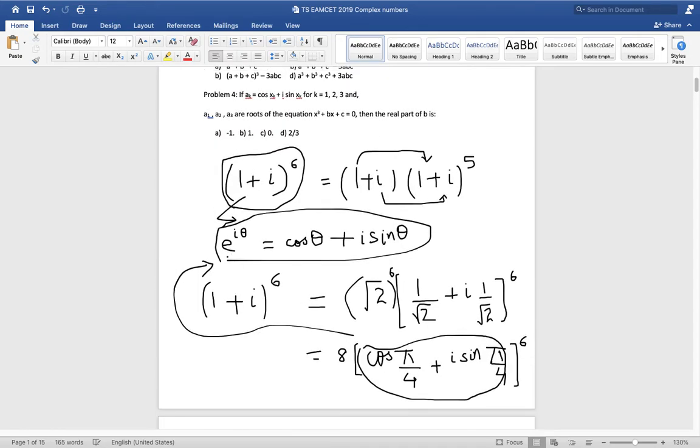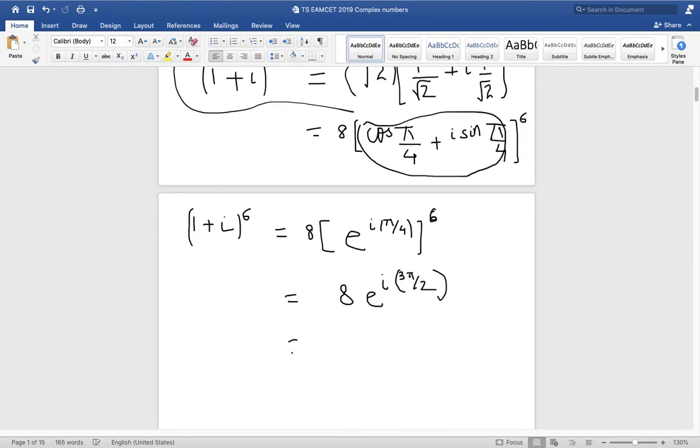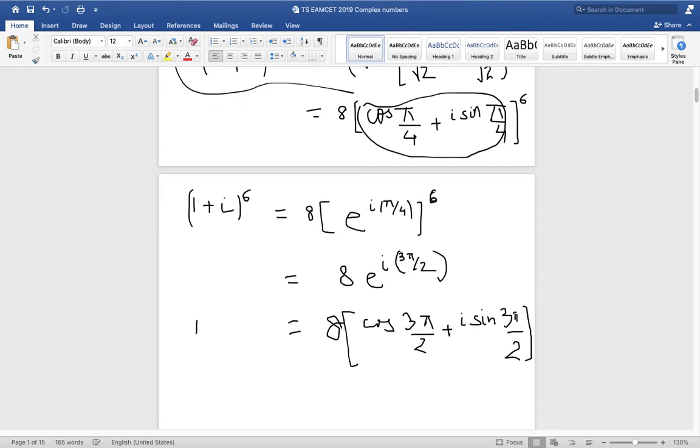Okay, now I will use this again and write my e raised to the power i 3 pi by 2 as cos 3 pi by 2 plus iota sine 3 pi by 2. So this is (1 plus i) raised to the power 6. Easy.